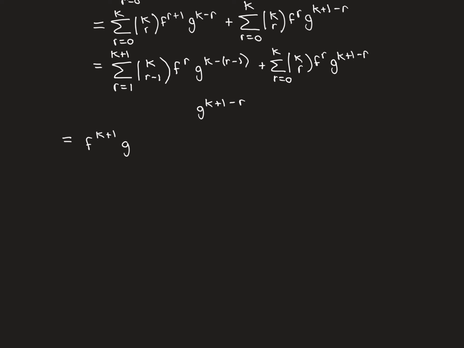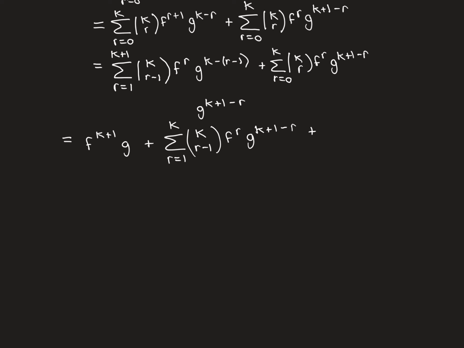So actually that highest term when r is equal to k plus 1 is just equal to this. So it's that plus then the sum from r is equal to 1 to not k plus 1, which I was about to write, but k. And then of k choose r minus 1, f differentiated r times g differentiated k plus 1 minus r times.